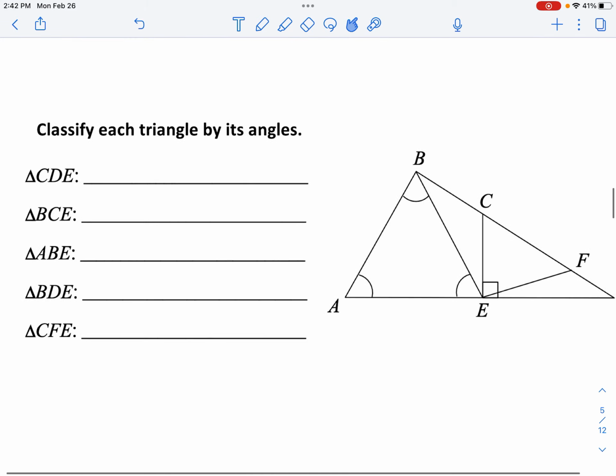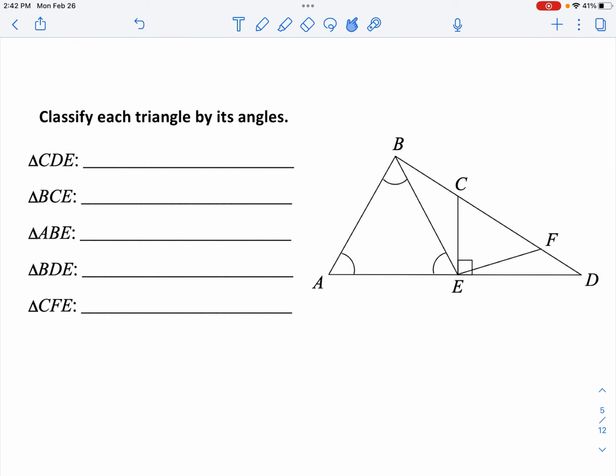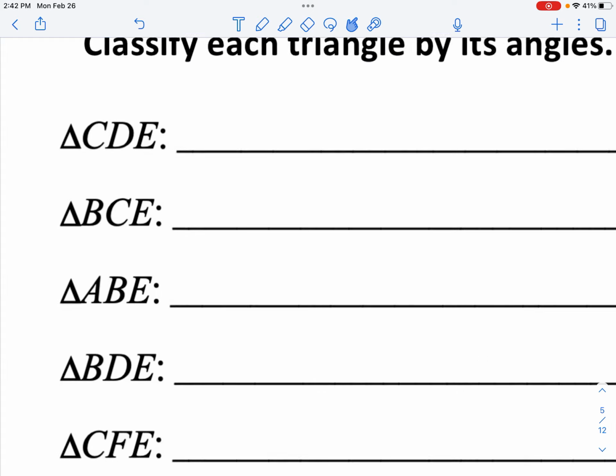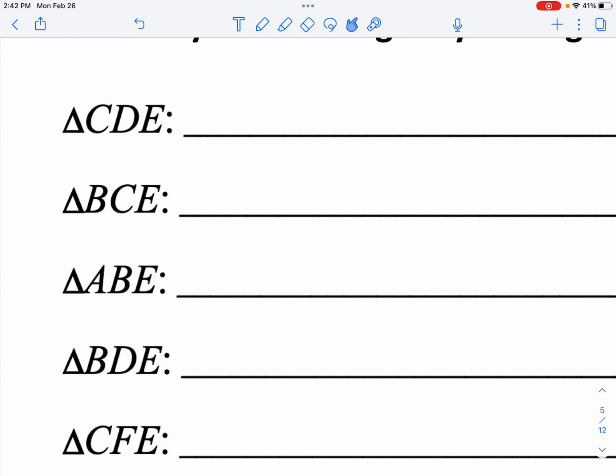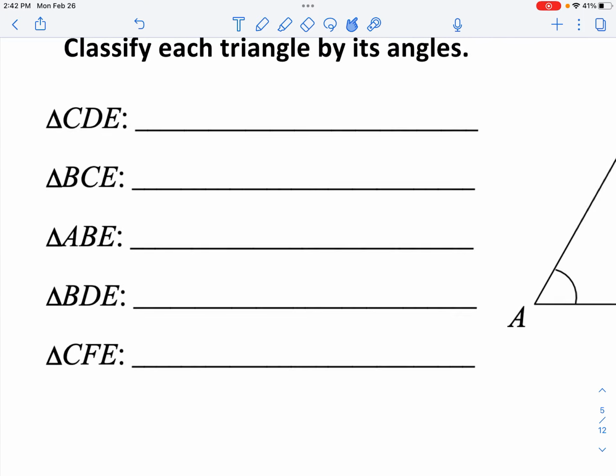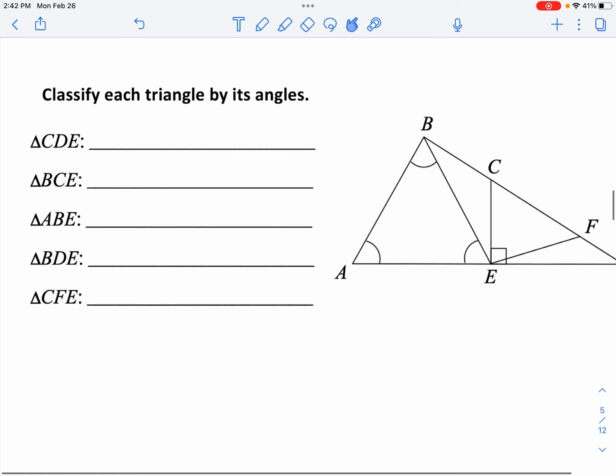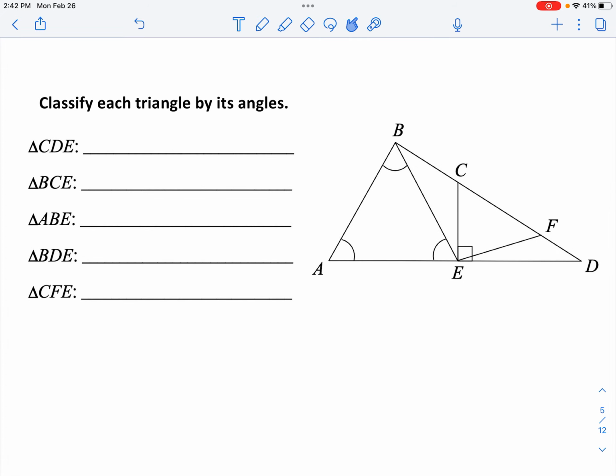So let's take a look at this picture here. You'll notice the little triangle symbol in front of all the notations. That just means triangle, and then the 3 letters indicate which triangles we're talking about. C, D, E. So let's just find that. C, D, E is this triangle right here. You can see there's a right angle here. So this would be a right triangle.